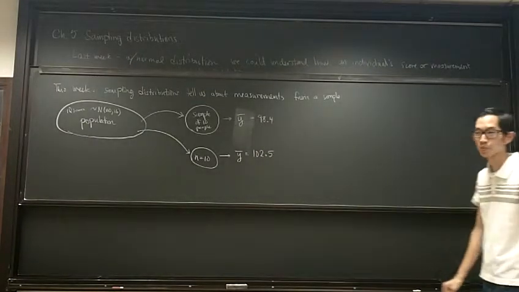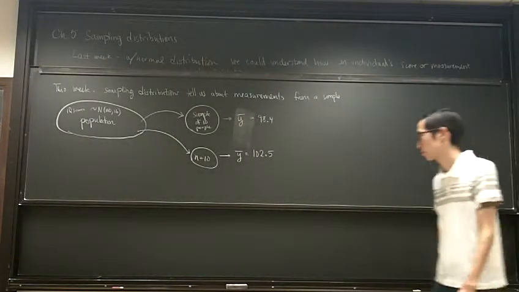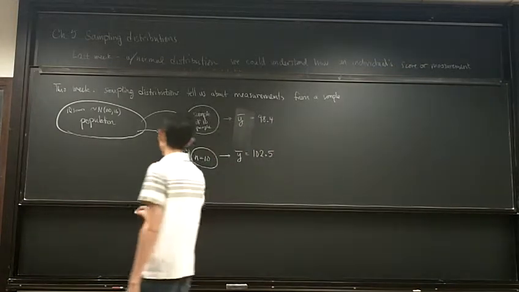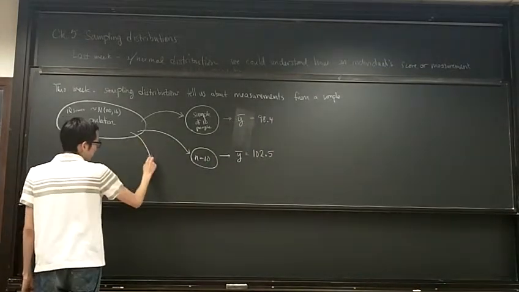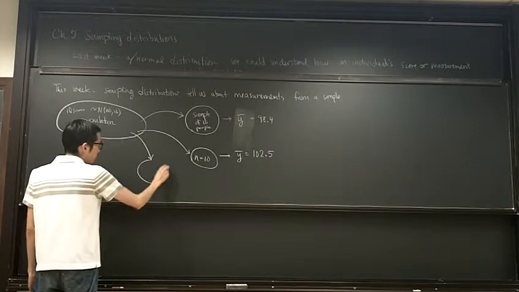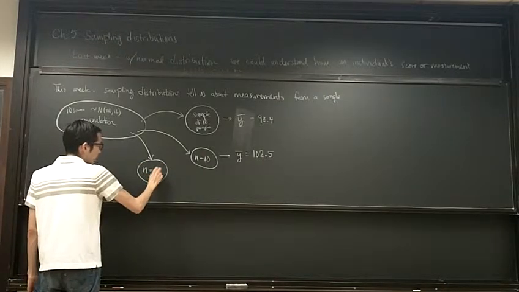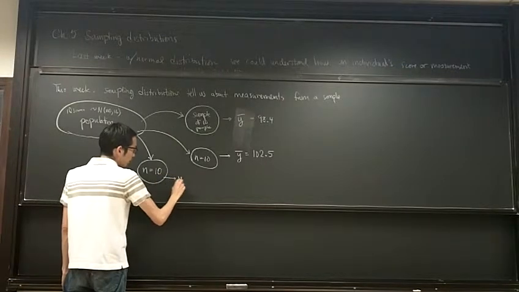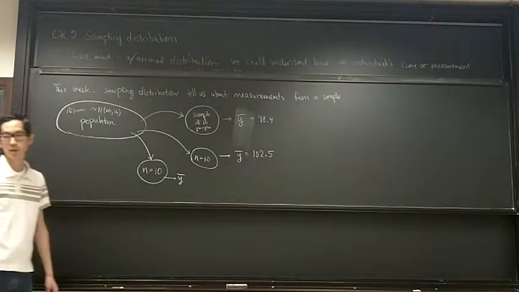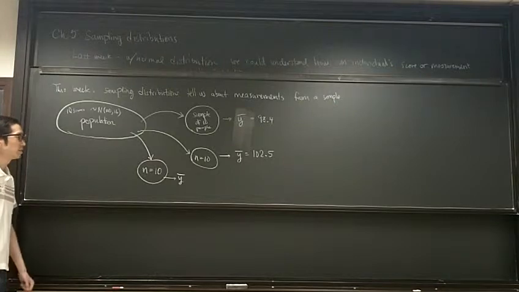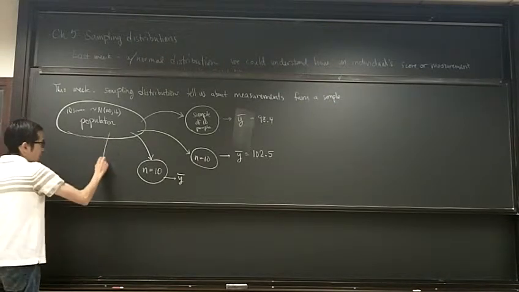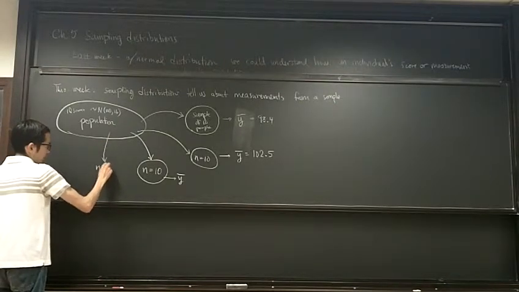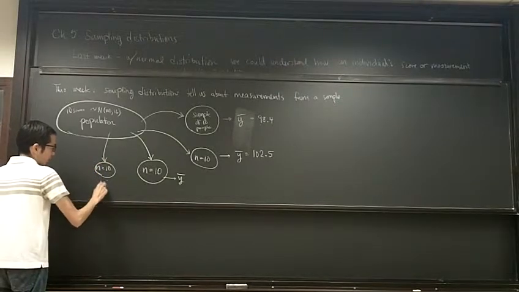Who knows? Alright, and then we do this again. I take another sample of n equals 10, and from the sample, I calculate a y bar. Do it again, and I get a y bar.